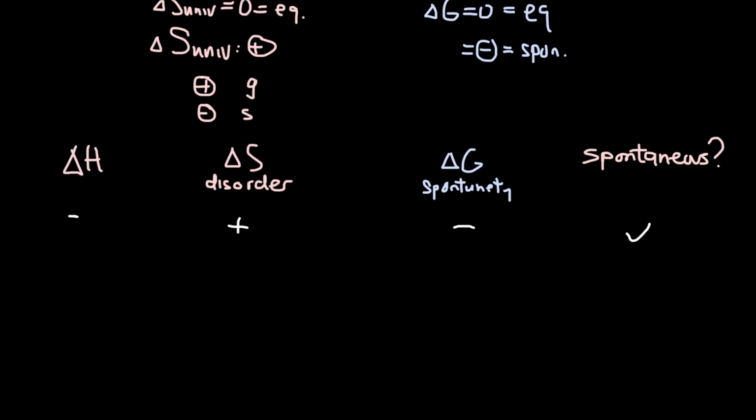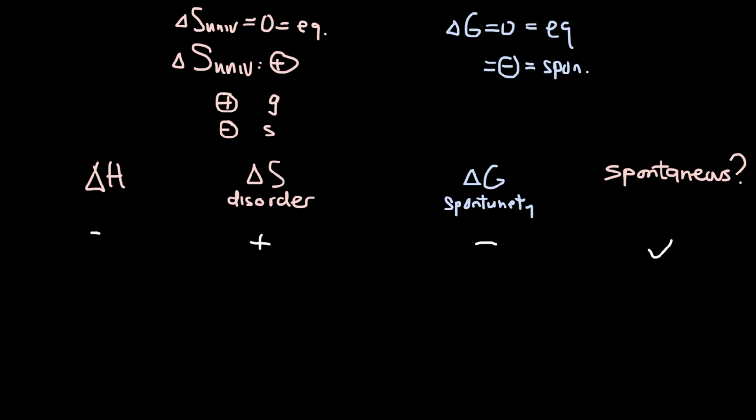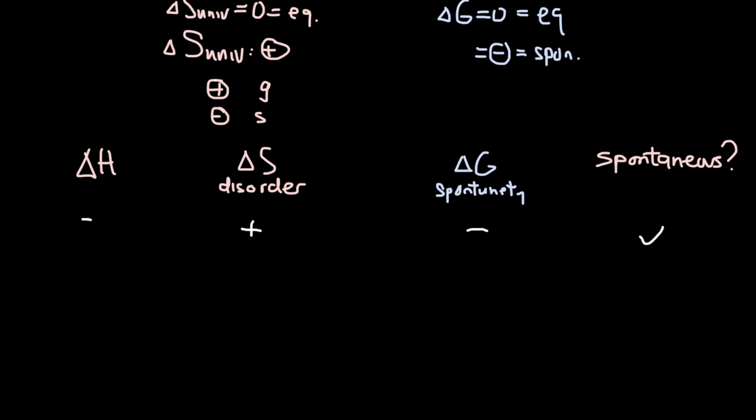Because these 2 are the bigger deciding factors on spontaneity, but usually we see that with a spontaneous reaction, it's always exothermic, right? Because the universe is gaining that chaos, so there is something that sounds like combustion going on, so that's exothermic.